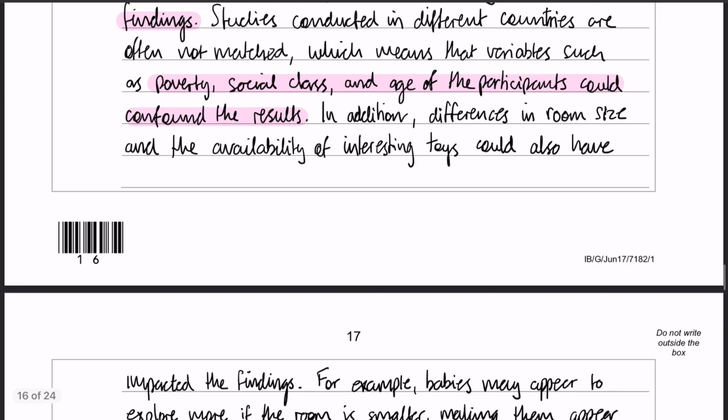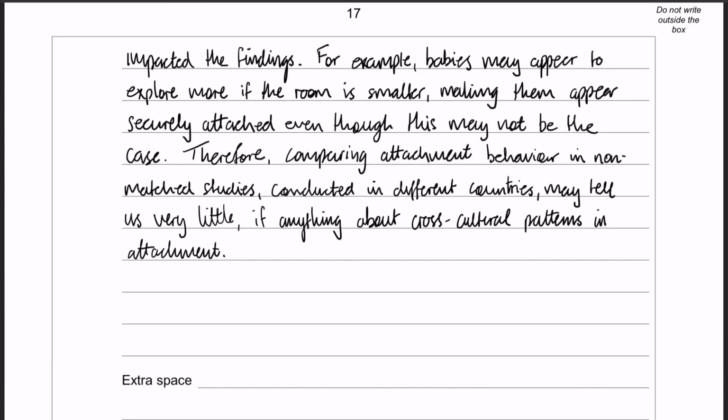Babies might appear, for example, to explore more if the room is smaller, even though they're not necessarily exploring more, but it just looks like it because they haven't got as far to go. And if they look like they're exploring more, then they might appear to be securely attached because exploration behavior is a hallmark of a securely attached infant.